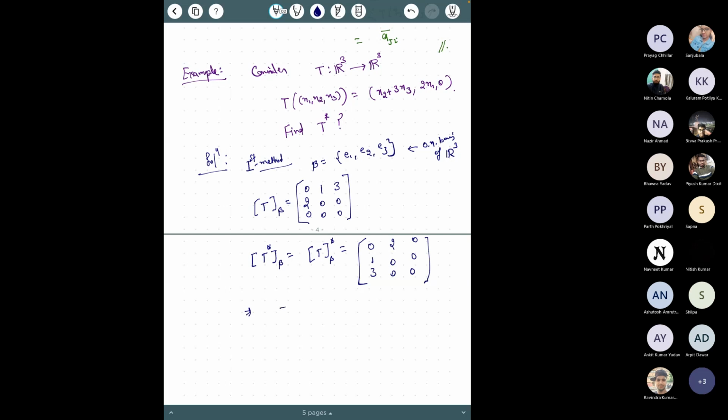So you know the matrix of T star also. If this is true, can you tell me what T star would be? You know the matrix of T star now, so you can easily write what it is.